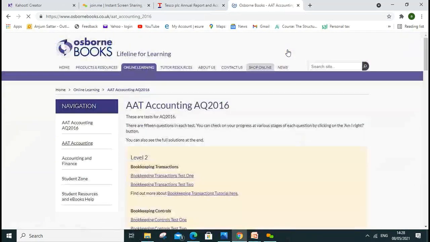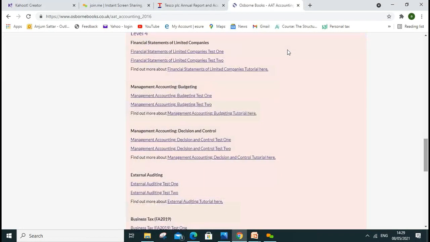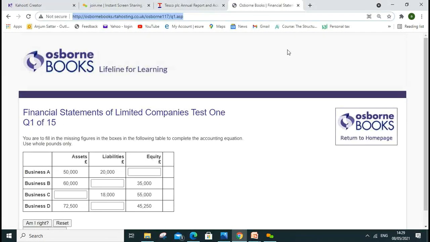Okay, so this is the accounting AQA financial statement quiz. You can look around the accounting equation: business A has assets and liabilities. How much will be the equity?